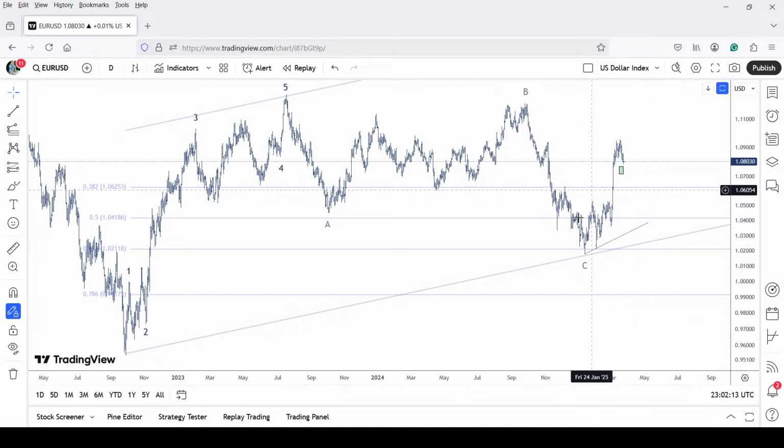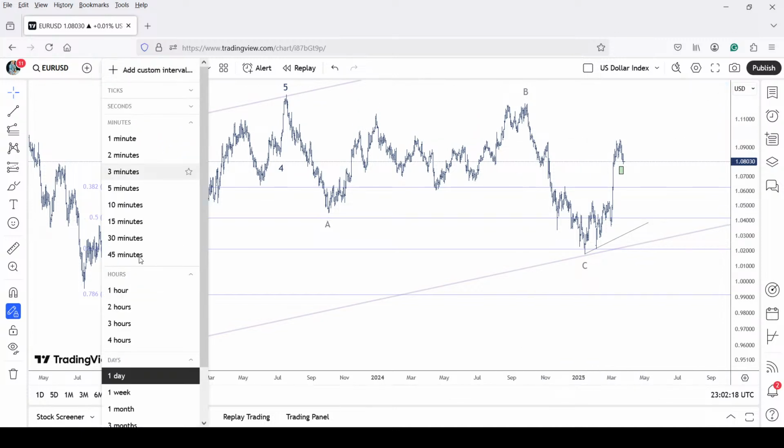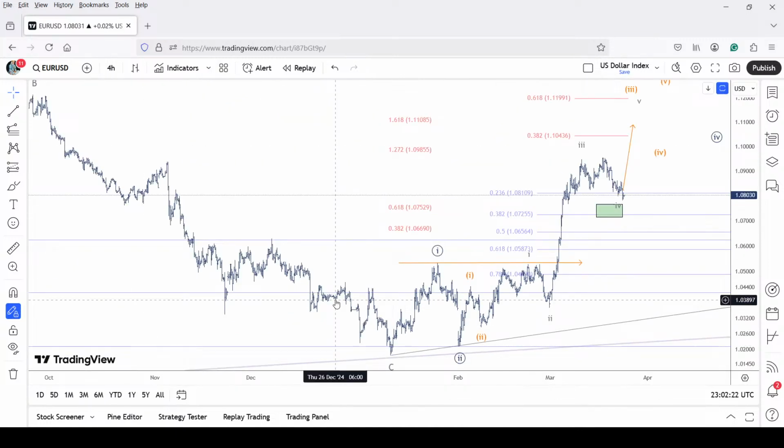So let's dig in further with the shorter time frames. We right now from the last session we're not too far away. Prices are just about 1.0803. First, the lower degree wave structure.